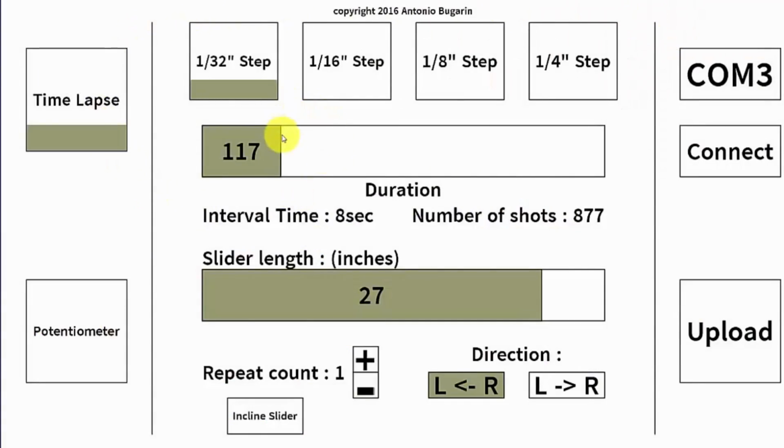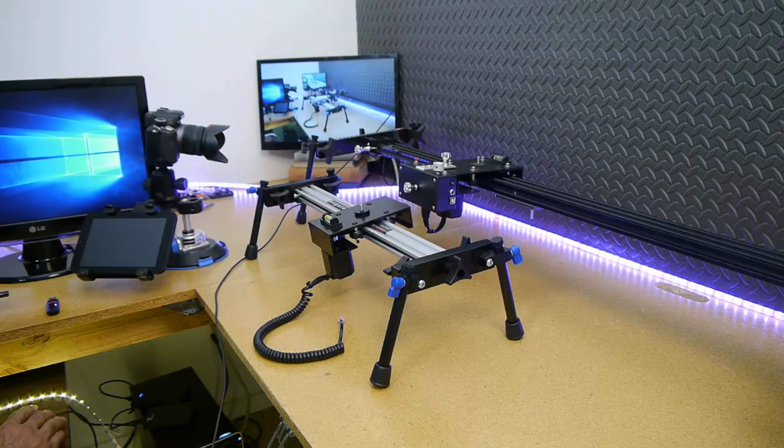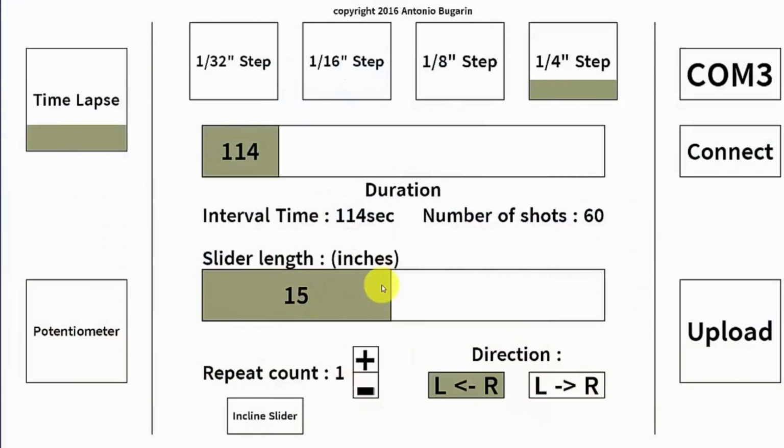Now we covered all of this right here. So what we're going to do today is a time-lapse setting. We're going to do, let's say, 1/4 of an inch. We're going to do something really short. This little slider right here has 14 inches of play, so we're going to set this to 14.